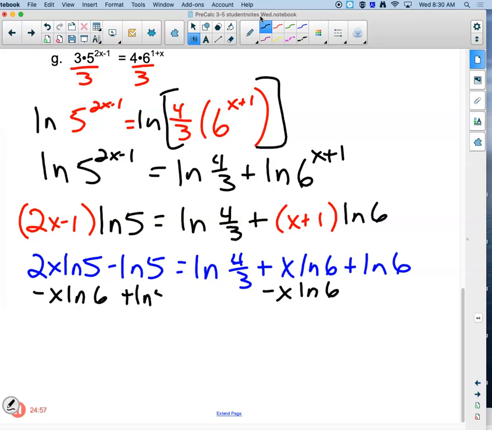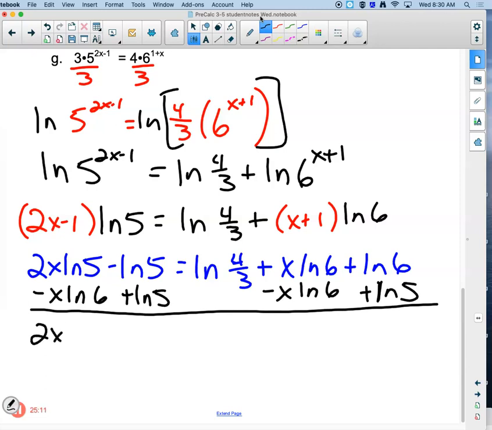And I'm going to go ahead and do 2 steps at once here since we already did one of these. So on the left-hand side, we have 2x natural log of 5 minus x natural log of 6. And on the right-hand side, natural log of 4/3 plus natural log of 6 plus natural log of 5.